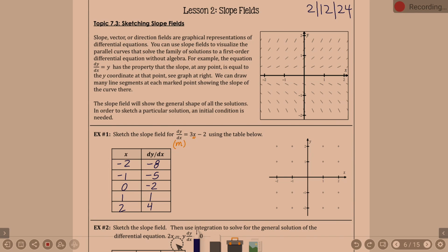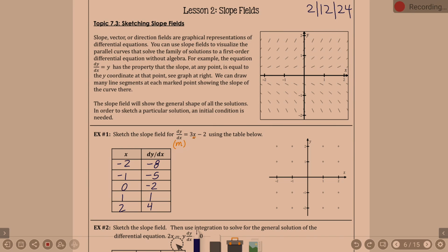There's only an x in this equation. If there were a y, we'd have to use x and y. But since there's only an x here, anytime the x value is -2, the slope is going to be -8. As we go over here and think about -2, all of these points represent when x is -2. What does a slope of -8 look like? It's going to be very steep.